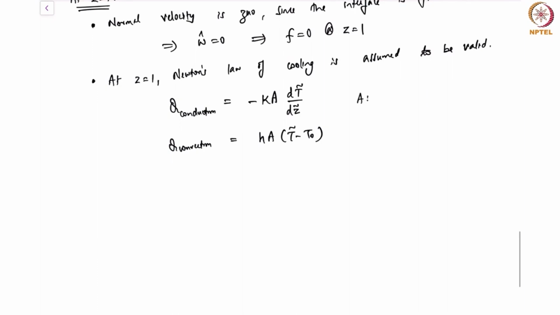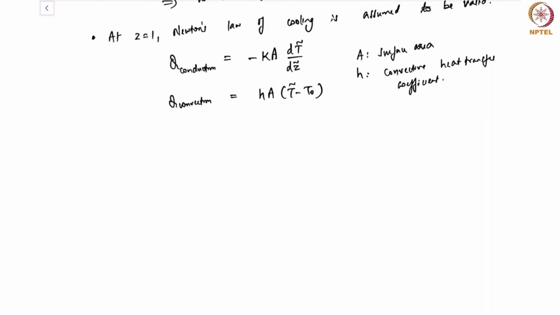Here A is the surface area, H is called the convective heat transfer coefficient.